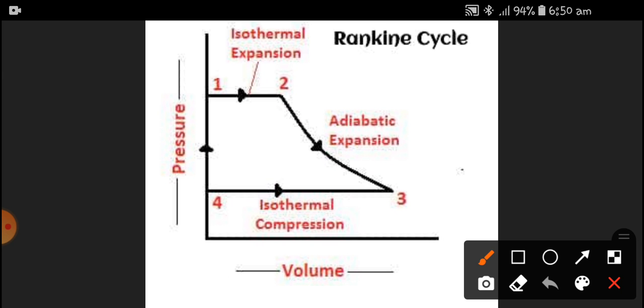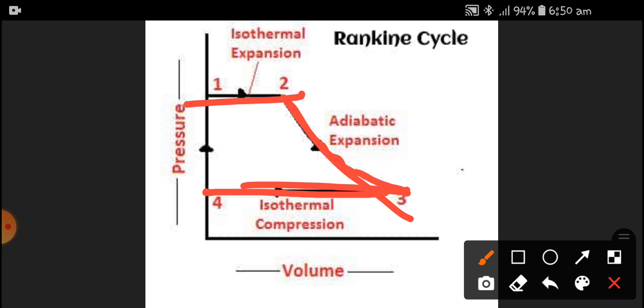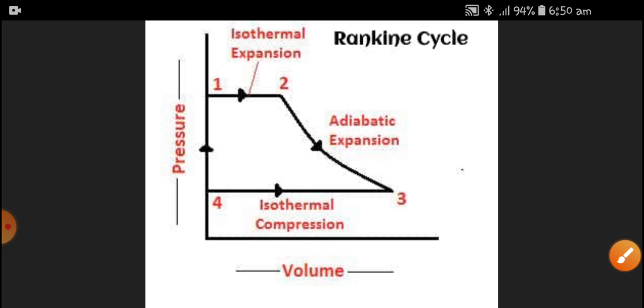Here the processes are isothermal compression, adiabatic expansion, isothermal expansion, and constant pressure heat addition. So like that it goes.